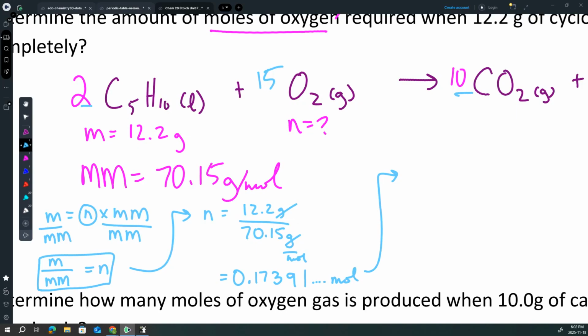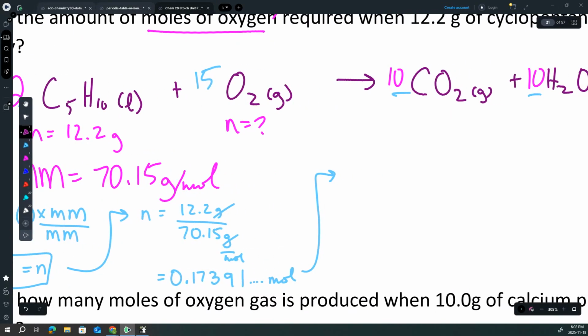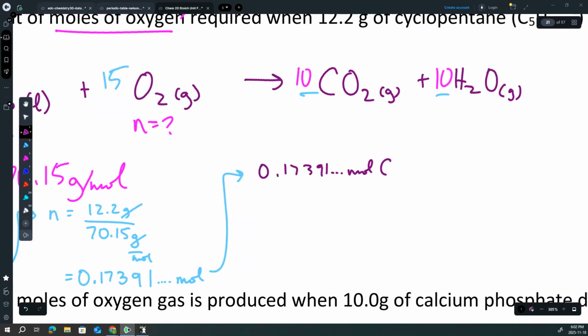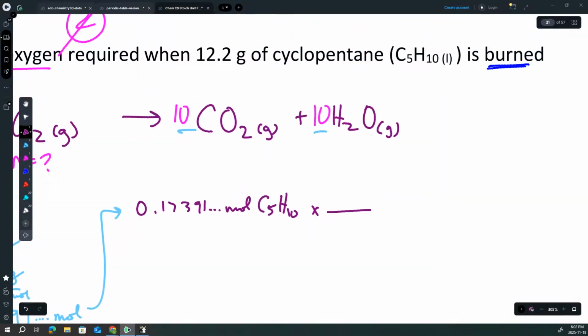Now we need to take our mole ratio and use it to convert our known substance moles into our unknown substance moles. So let's do that in purple here. So we got 0.17391, goes on forever, moles, times by, actually I'm going to write the identity of the substance here, so that was cyclopentane, times by the molar ratio: what you want, divided by what you're given.